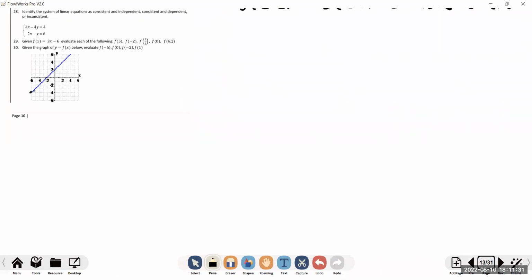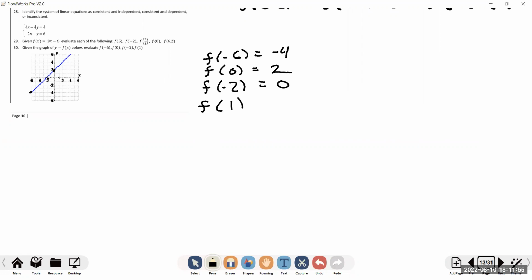So -6 has a y value of -4. f of 0 has a y value of 2. f of -2 has a y value of 0. And f of 1 has a y value of, looks like, 3.